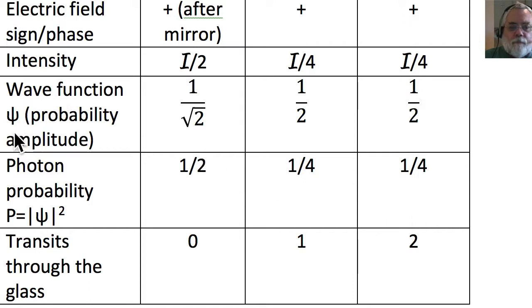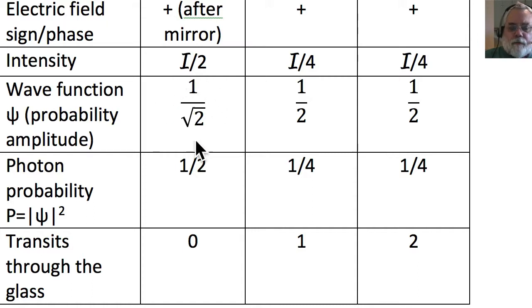The wave function psi had value minus 1 over square root of 2 in the bottom path, leaving beam splitter 1, but it gets negated after it reflects off its mirror.